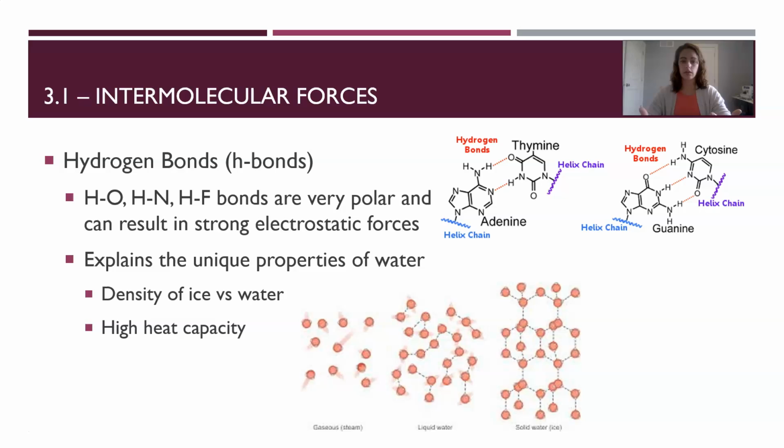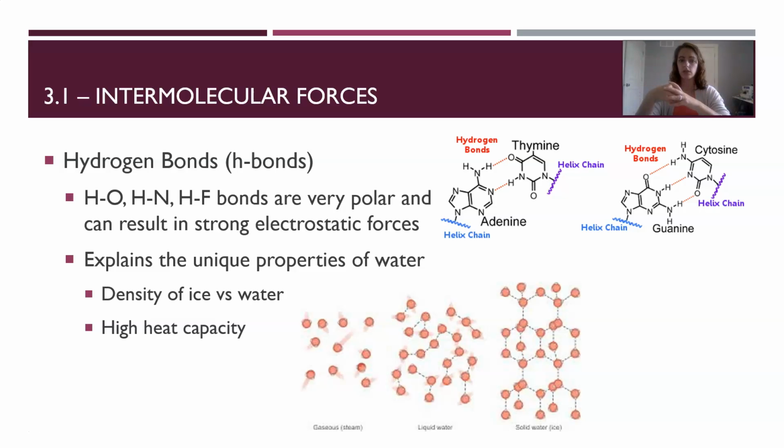So there are several instances where hydrogen bonding is super important. One of those is in DNA. The other one is in the unique properties of water. The fact that water forms hydrogen bonds explains why ice, or solid water, is less dense than liquid water, because once they lock into those arrangements, they actually spread out farther than when they're in the liquid form, and they have more fluid attractions.